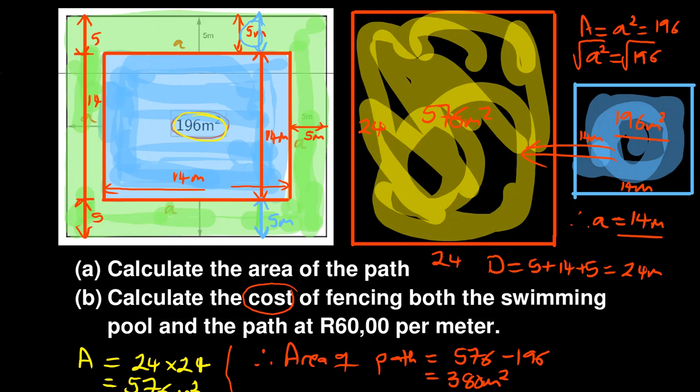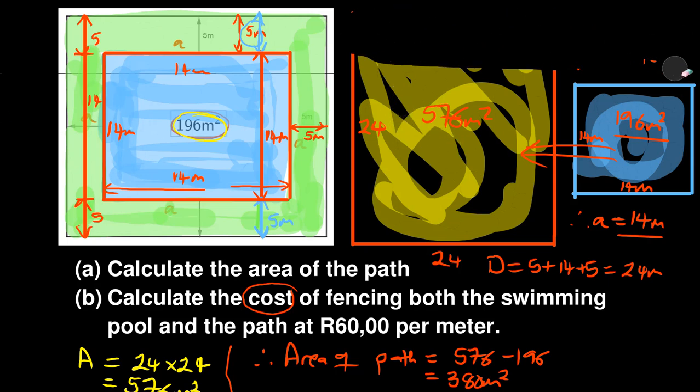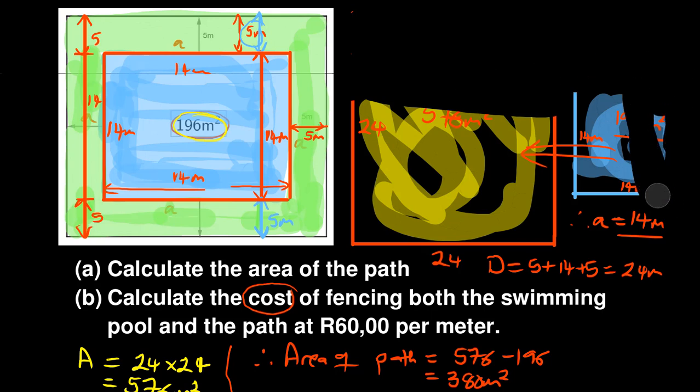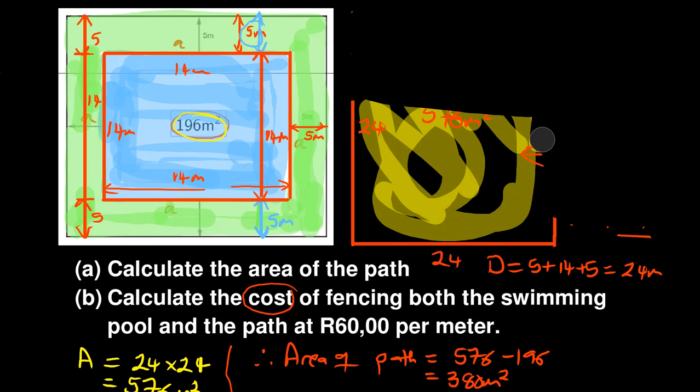Now in other words, I'm looking for the perimeter, in which case I will need a 14 meter length, another 14 meters, another 14 meters, and another 14 meters. So in this case, if I can maybe erase this part just to work it from this other end, just to show you on the part of the perimeter.